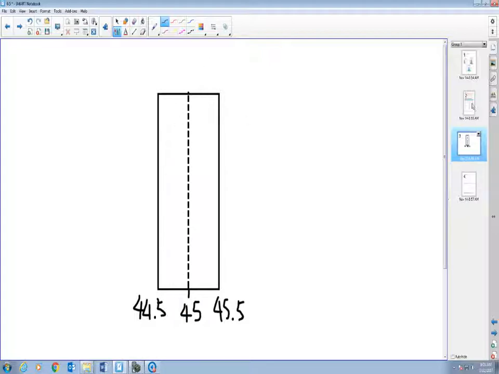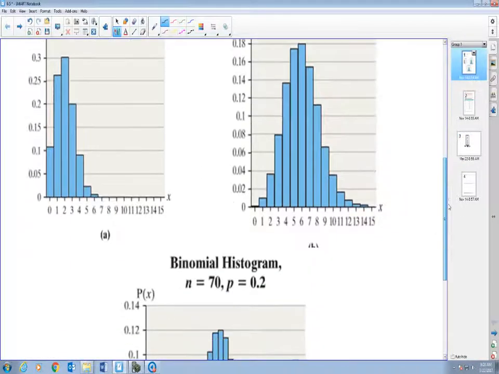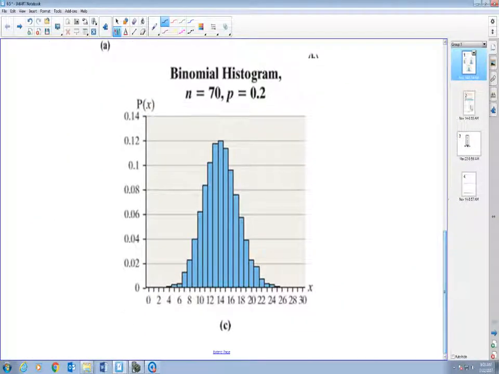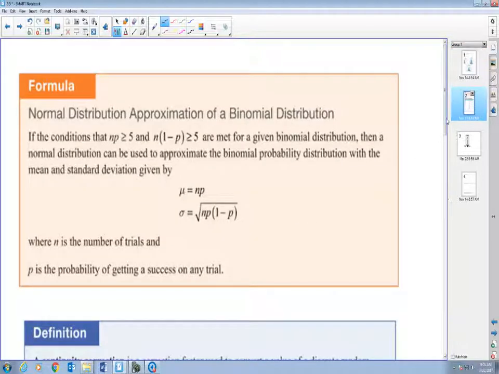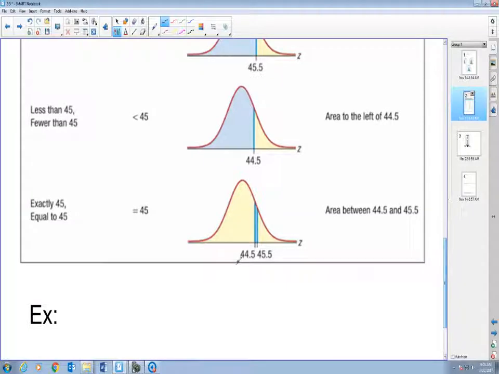Because remember, a normal curve. Where's my picture? Let me show you right here. Alright, a normal curve. Under the normal curve, this is actually not exactly a rectangle, because the rectangle is under the curve.